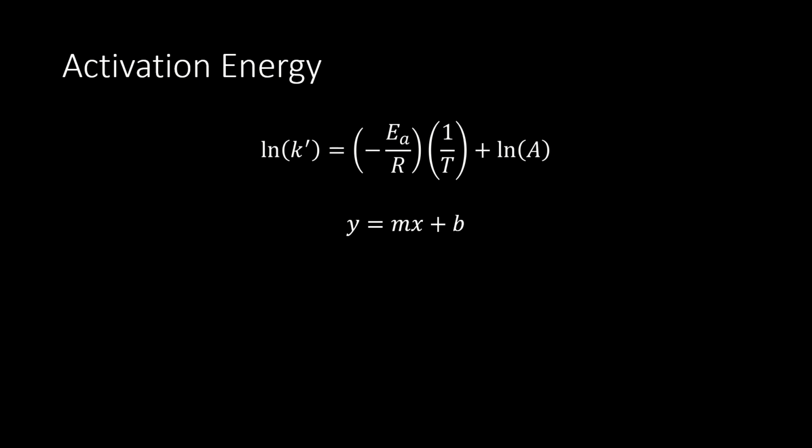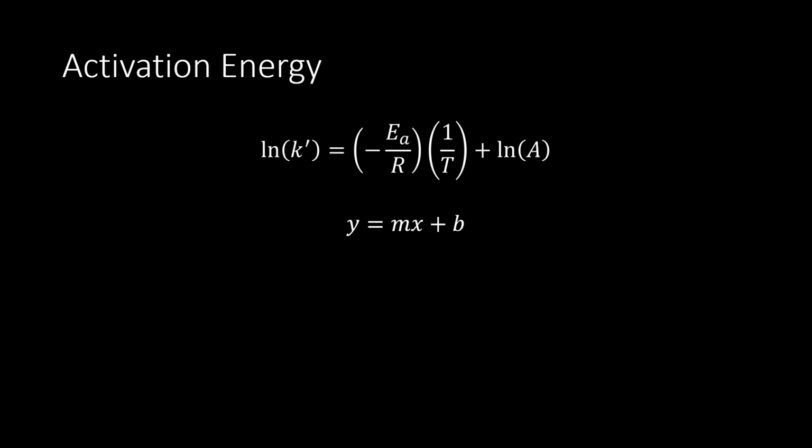In Excel, calculate the natural log of the rate constant for each trial and use that as your y values, and then calculate the reciprocal of the temperature in Kelvin, so 1 over T. Convert your temperature, whether from Fahrenheit or Celsius, to Kelvin, then take 1 over that value, and you'll use that as your x values.